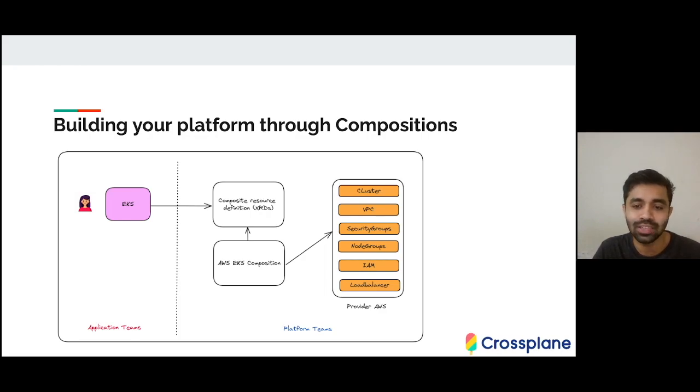This could mean it has to create a VPC, security groups, IAM roles, node groups, a load balancer, and the EKS cluster itself. All of these resources will then be created by Crossplane.